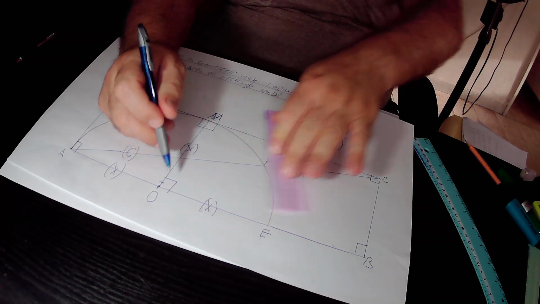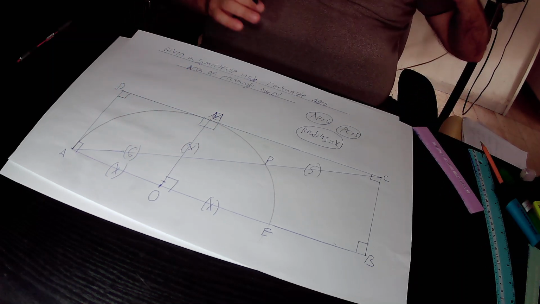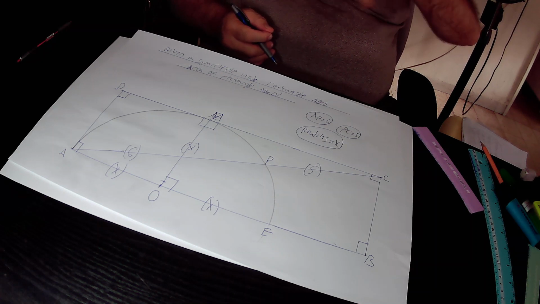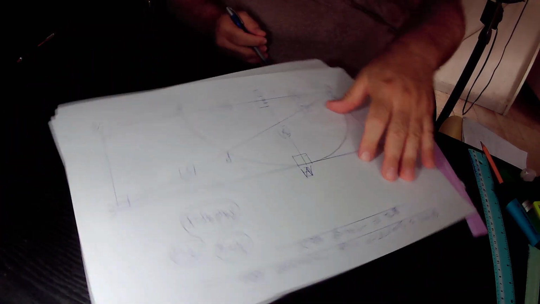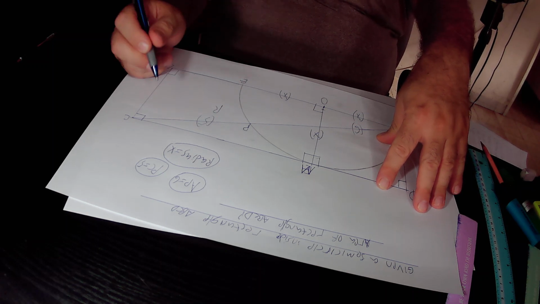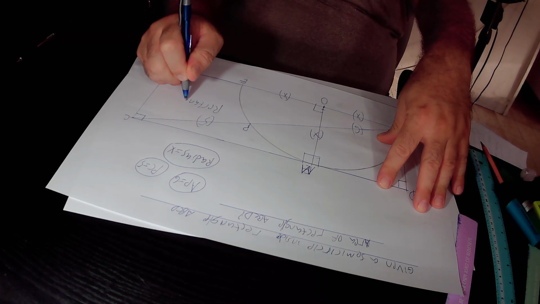So inside quadrangle OMCB, we have 4 right angles, and according to rule 5, any quadrangle that has 4 right angles must be a rectangle or a square. So quadrangle MCBO is a rectangle according to rule 5.